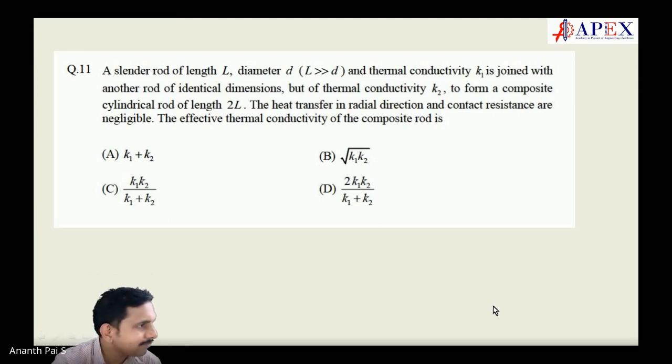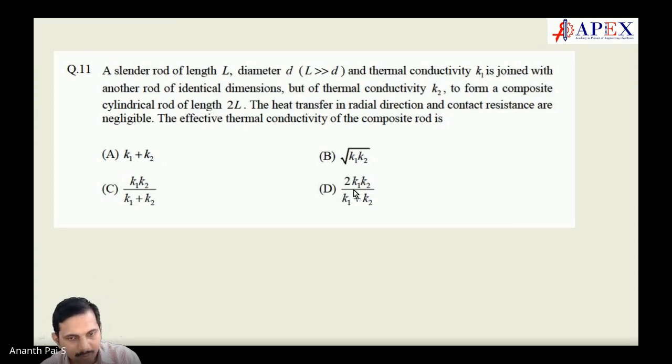A1, A K1 plus K2. Everybody agrees? D. Okay, let us see. Question number 11.